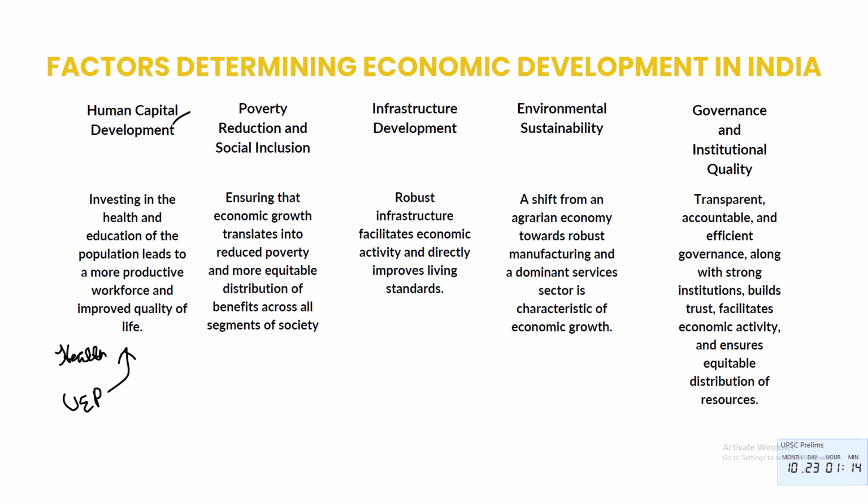Next one is poverty reduction. Ensuring that economic growth translates into reduced poverty or more equitable distribution of benefits across all segments of society. Poverty reduction is done by direct benefit transfer, housing for all.